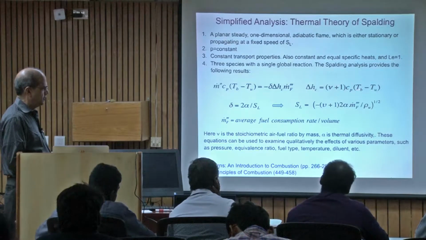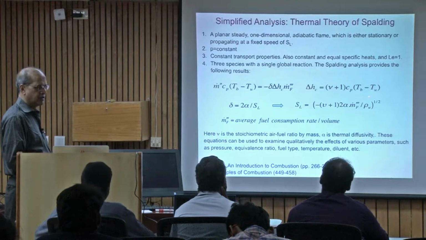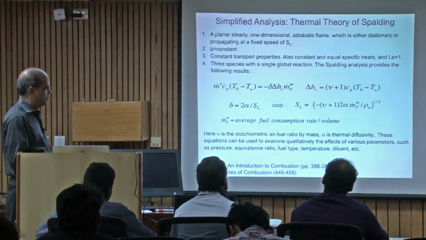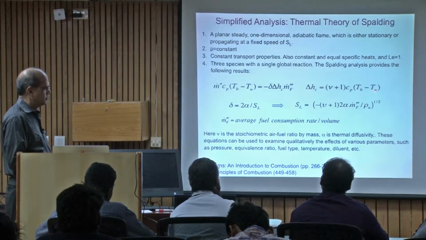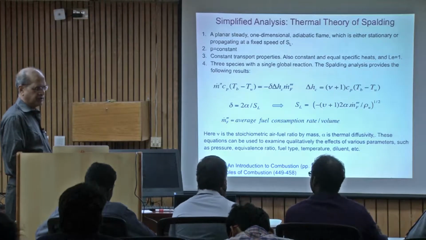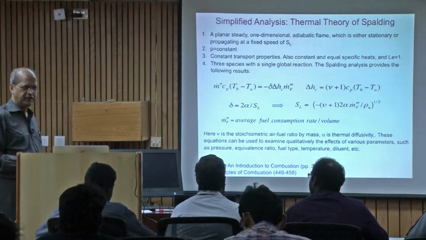So you can see now what this quantity is. The heat of combustion is used to heat up the products from this temperature Tu to Tb. So it's just thermal balance, energy balance.